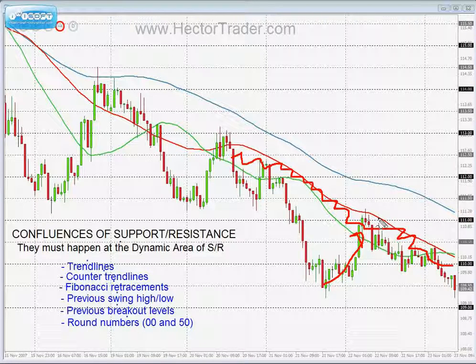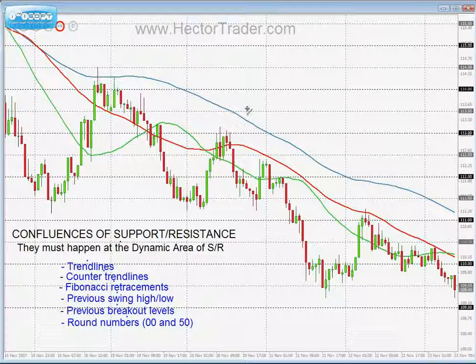Now I've got to search for levels of confluence around that area to base my trade from. I want price to respect my levels of confluence. So I'm going to begin to draw some technical analysis elements, some trend lines, some counter trend lines, some Fibonacci retracements, etc. Let's get going.